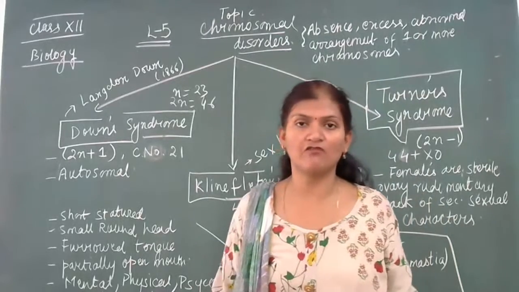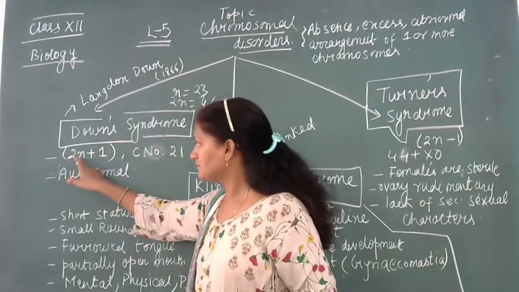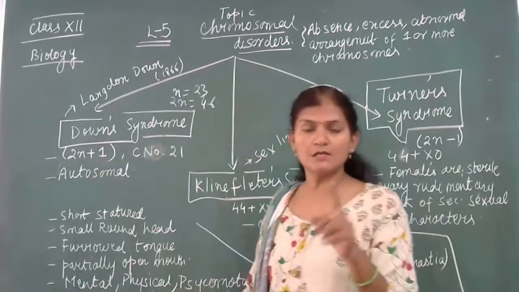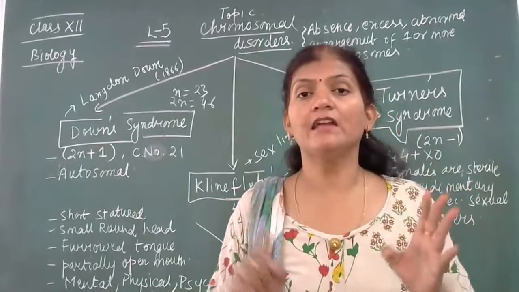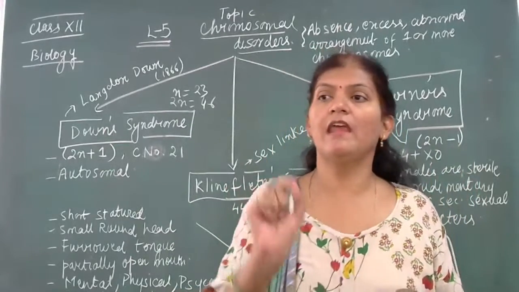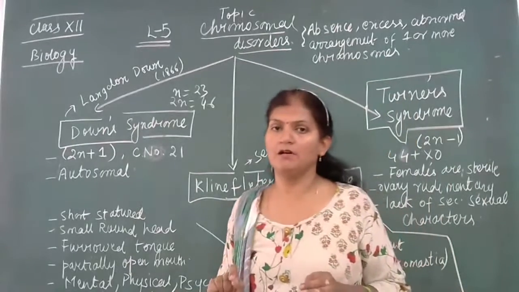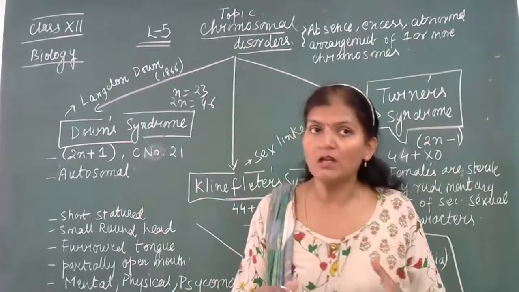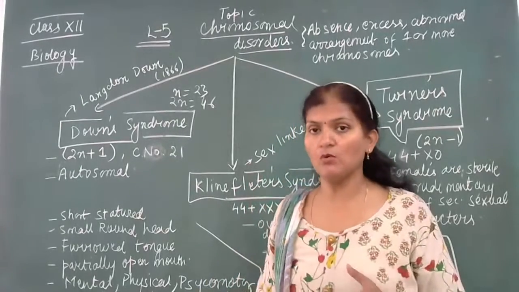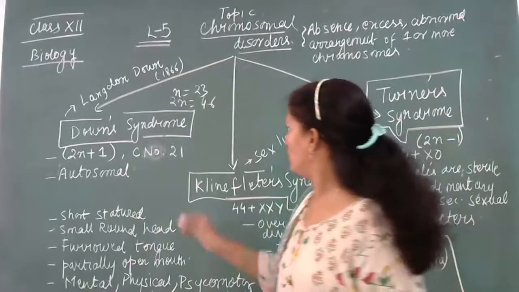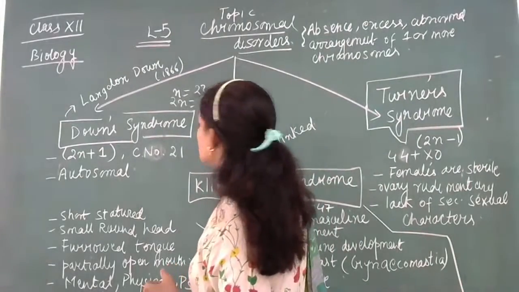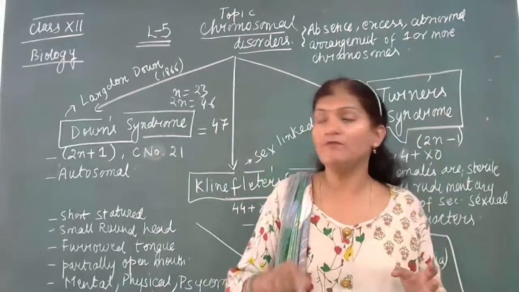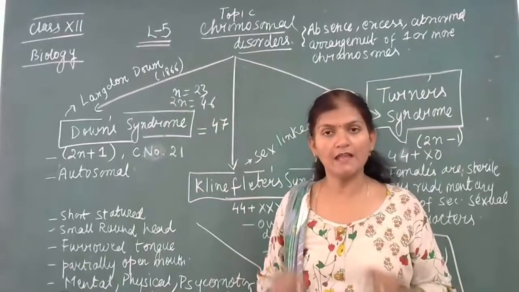If any child is suffering from Down syndrome, then it will be 2n plus 1. 2n is 46, 46 plus 1, since one chromosome is added at which position? At the 21st chromosome number. So the total number of chromosomes in a baby who is suffering from Down syndrome will be equal to 47. And if you see, it has deviated from the normal value of 46, right?